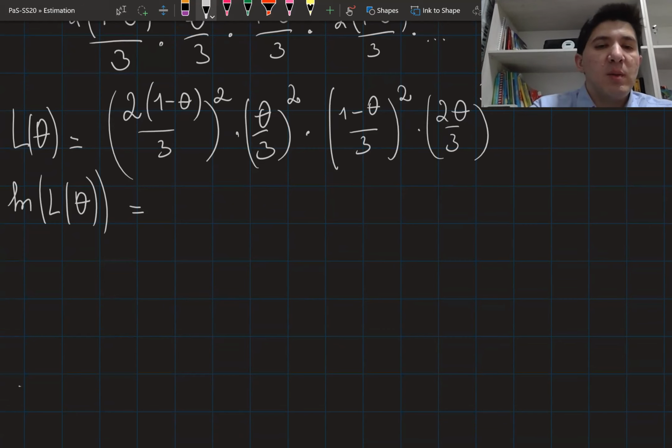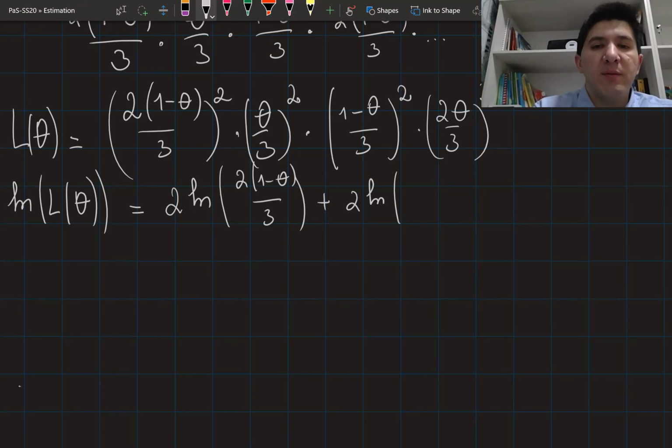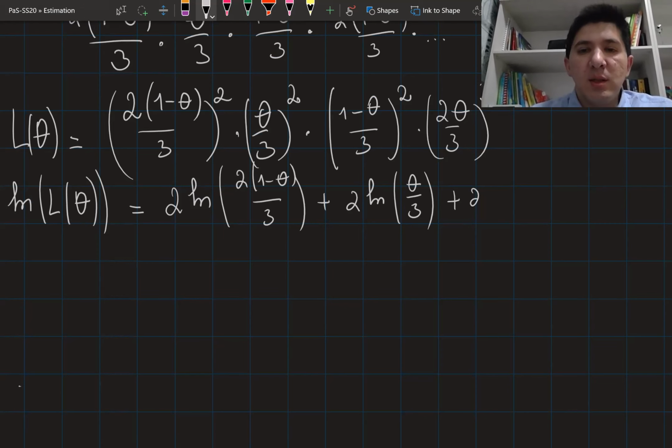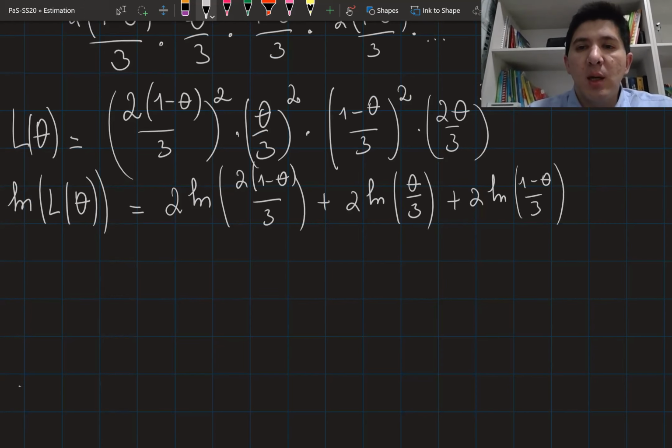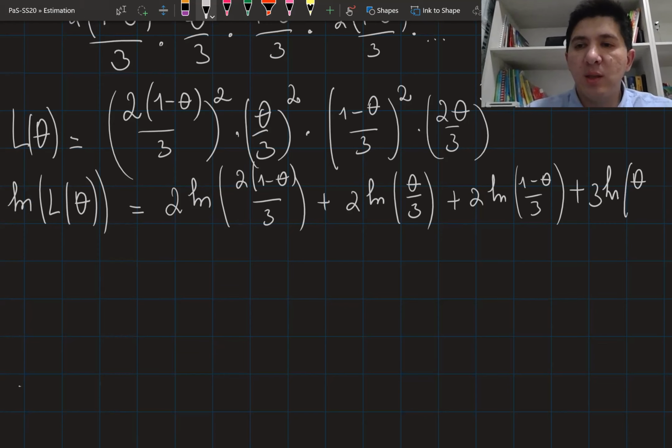In this case, it's going to be 2 times ln of 2(1 minus theta) over 3, plus 2 times ln of theta over 3, plus 2 times ln of (1 minus theta) over 3, plus 3 times ln of theta over 3.